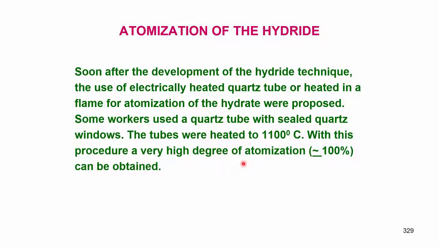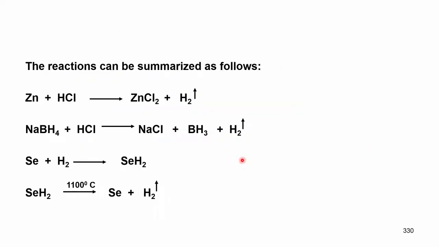So the metal atoms are produced in the T tube in the flame, and they get excited to a higher energy level and absorb the radiation coming from the hollow cathode lamp. So the degree of atomization, if I maintain it around 1100 degrees, is almost 100% decomposition, that can be assured. So the reactions we can summarize like this.